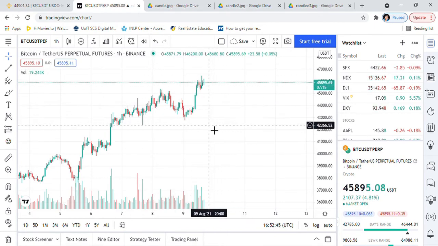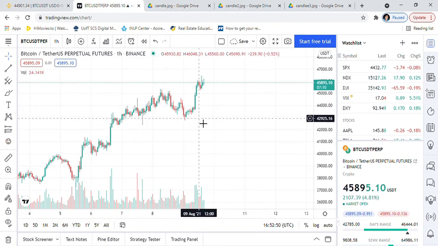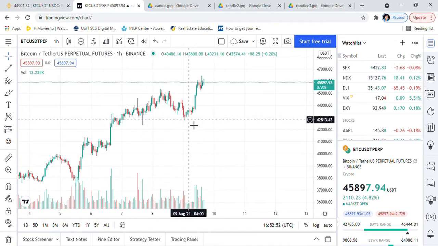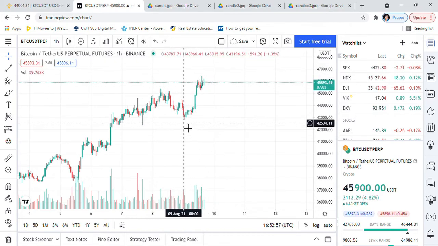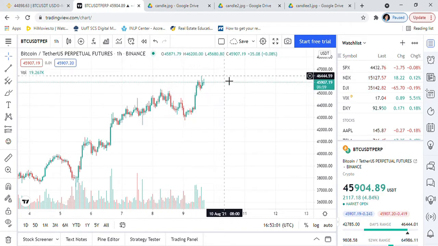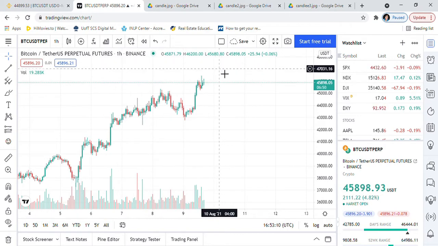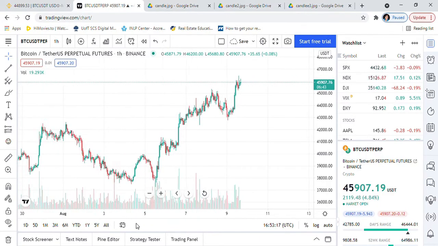Now, support is the area that the price bounces back up from, and resistance is the area that the price cannot seem to break above. That is called resistance. And so I try to identify the support and resistance before I place my trades.